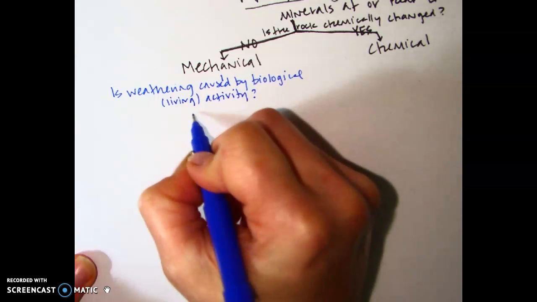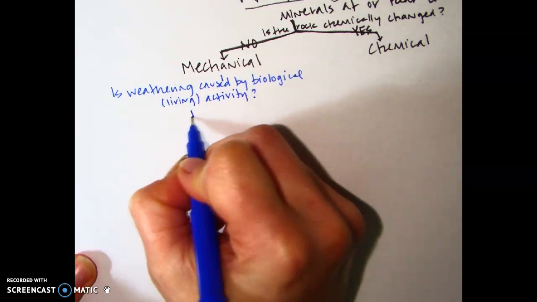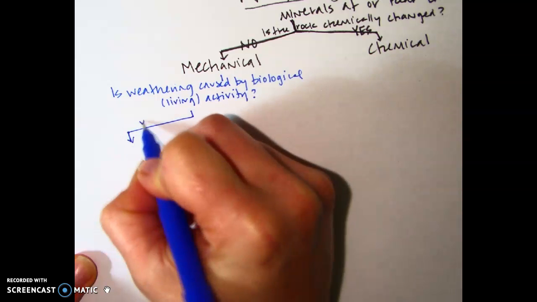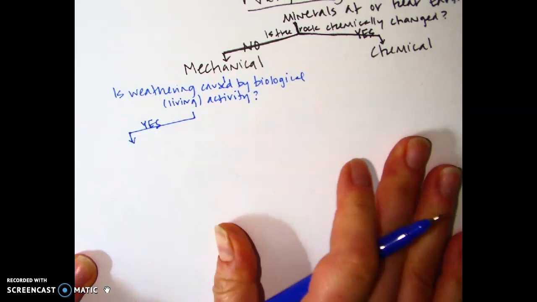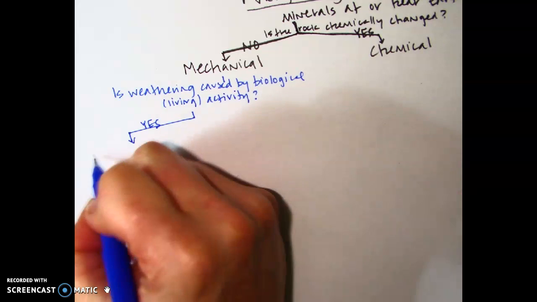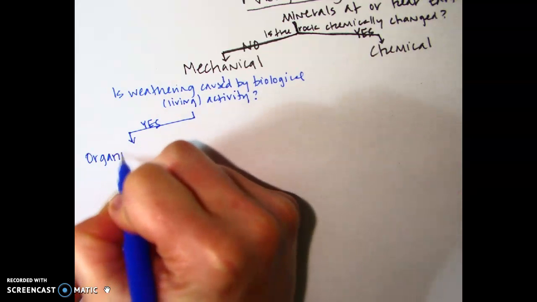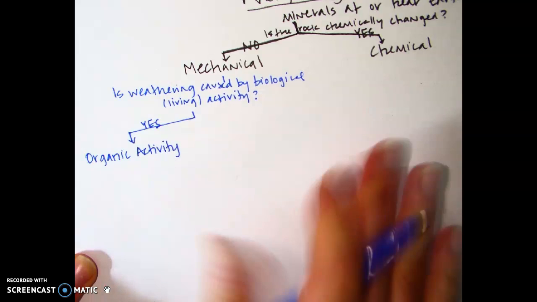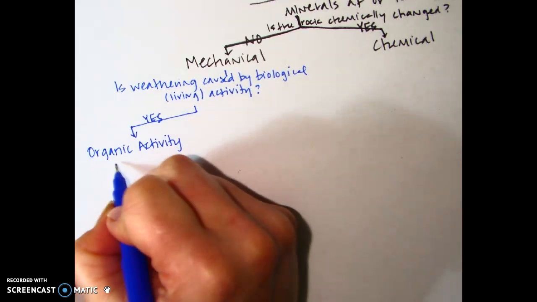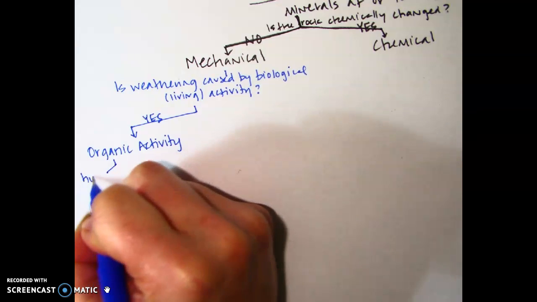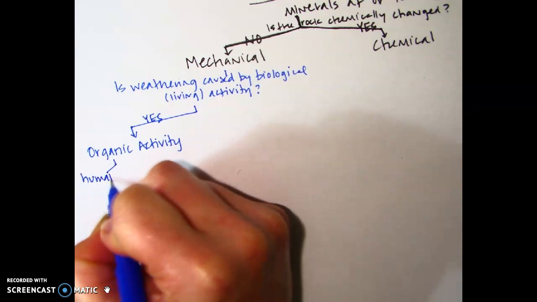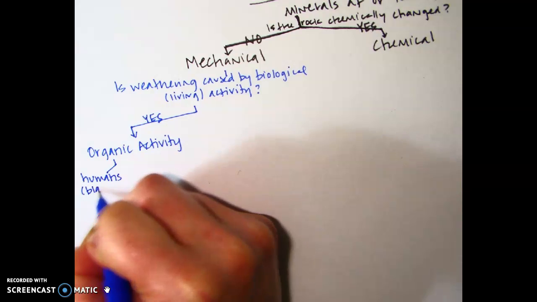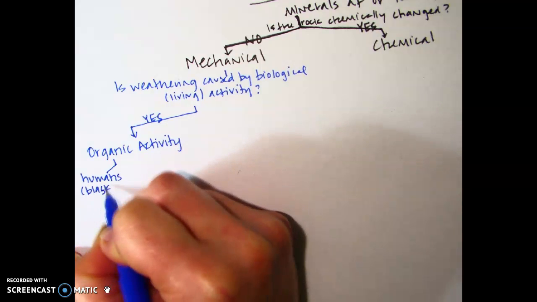And if the answer is yes, then this is what we call organic activity. And there are three main types of organic activity. There's humans, and we do things like blast rock.